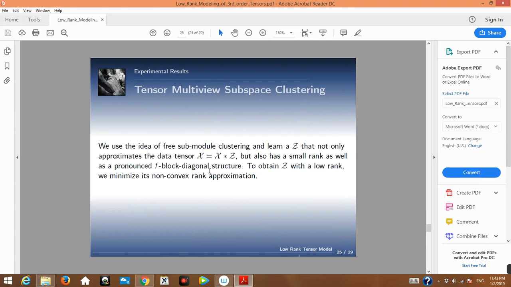After solving this kind of self-representation objective function, Z is a low-rank tensor with a block diagonal structure.